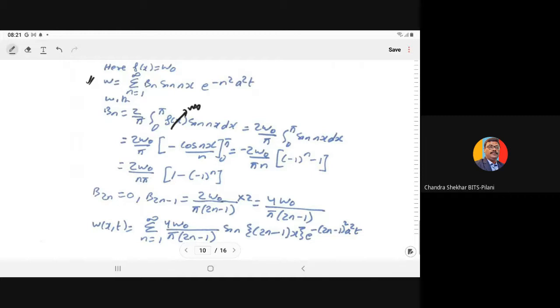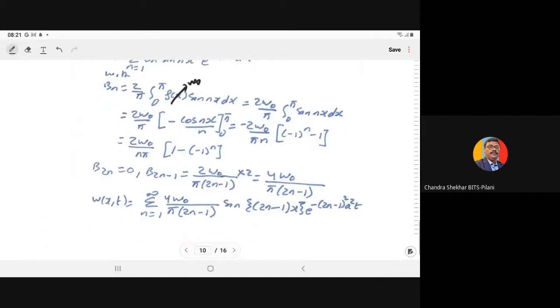So cos of n pi will be minus 1 to power n, right? So it will become minus 1 to power n minus 1, or it can be written as 2 W naught upon n pi into 1 minus minus 1 to power n. So when n is even, minus 1 to power n will become 1. So 1 minus 1 is 0. So that will give you b_2n as 0.